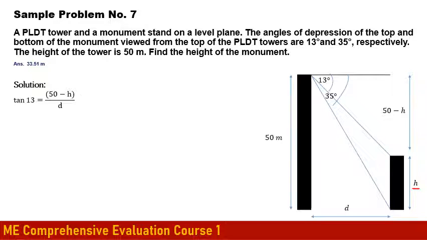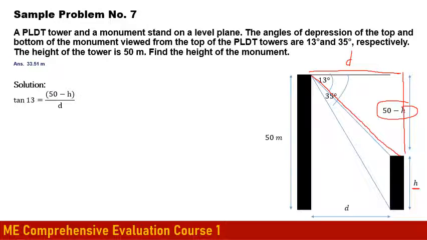If you look at the triangles that you can form here, for 13 degrees, focusing your attention on this triangle, you can find that tan of 13 degrees is equal to the opposite, which is 50 minus h, over the adjacent, which is d, since this one is also equal to d.